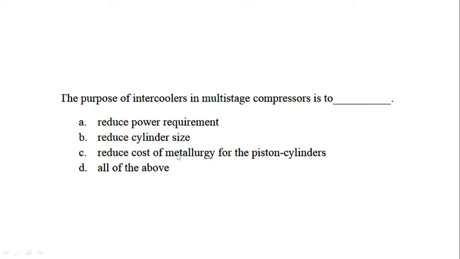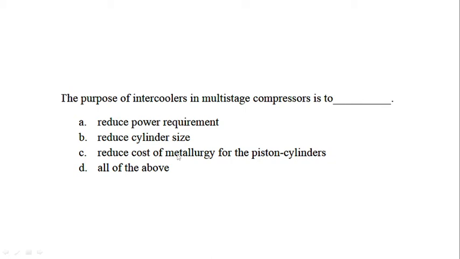After each compression in a multi-stage compressor, the pressure increases with each stage. So in the coming stage the pressure will be higher, and in each case the outlet temperature will increase.